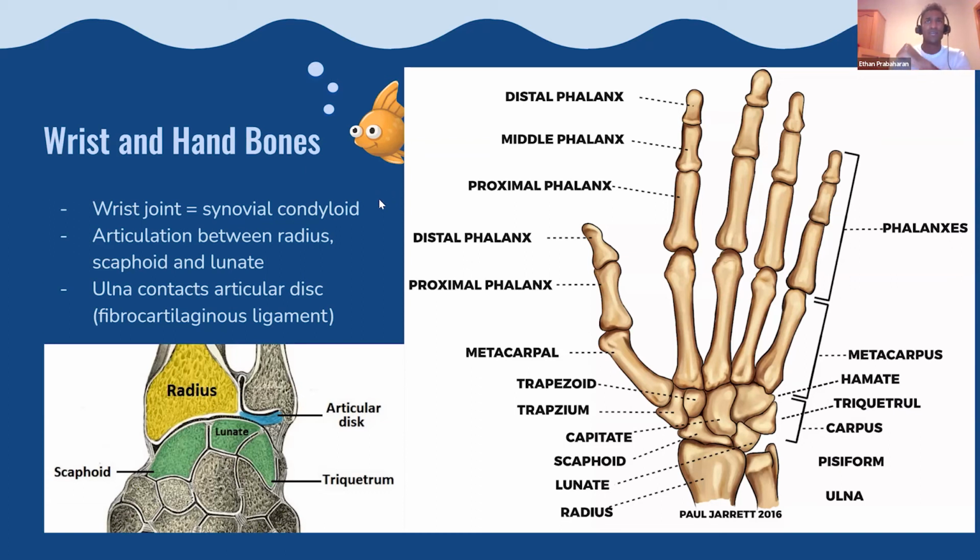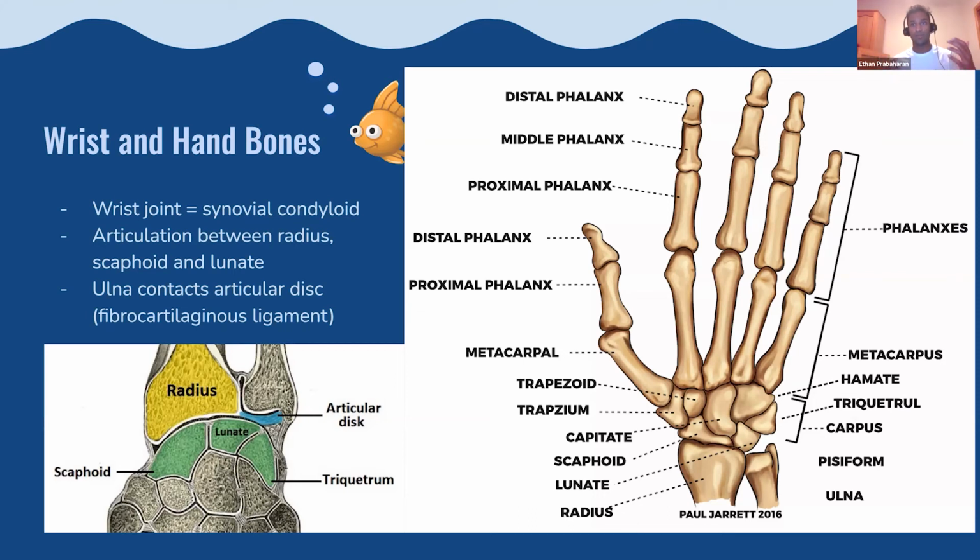You can't do internal and external rotation of your wrist. That's pronation and supination, which is why it's not a ball and socket joint. You might notice with wrist abduction, that moves your wrist to the thumb side. You can't really do it that far. And adduction moves your wrist to your medial side.